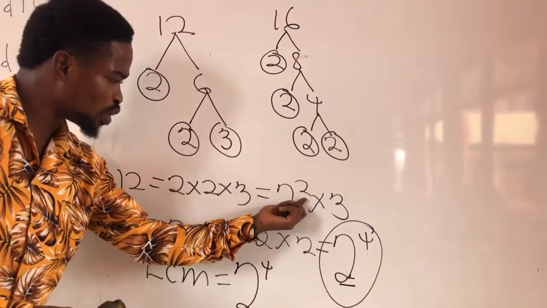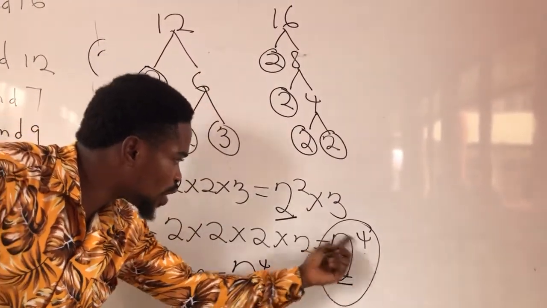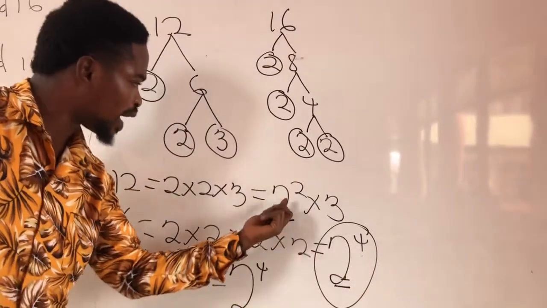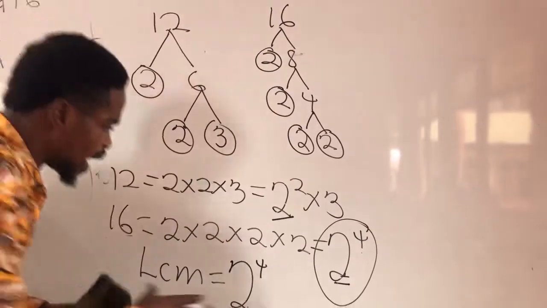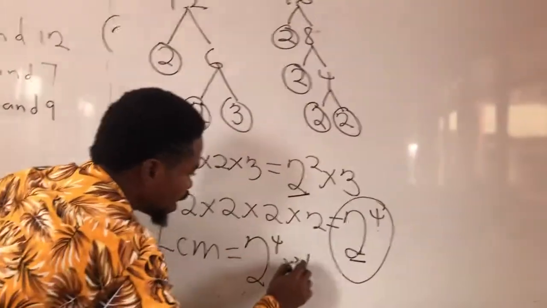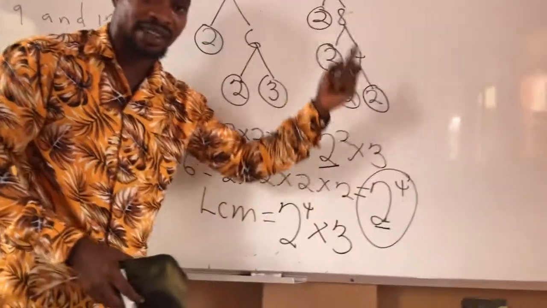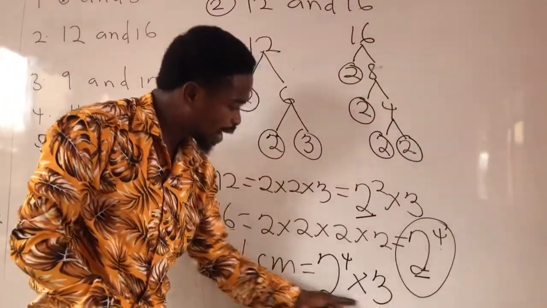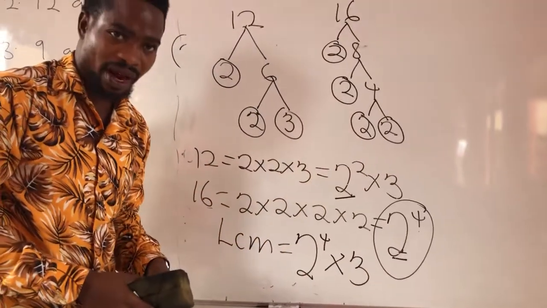This one we are not going to write because we compare the 2s and we see that 2 raised to the power 4 is more than 2 raised to the power 2. So we leave this one and then we multiply by the 3 because in LCM we do not throw the other factors away. We multiply them by the factors that we compare together.